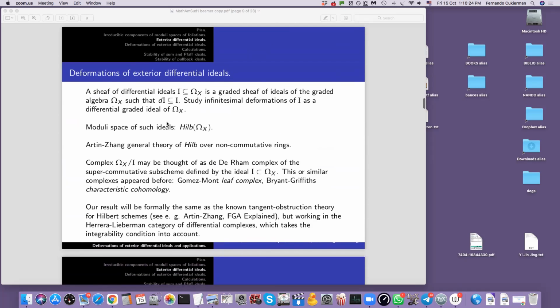So we are basically interested in modules which are ideals of the exterior algebra, stable under the derivation. And we would like to study the infinitesimal deformations of such ideals.